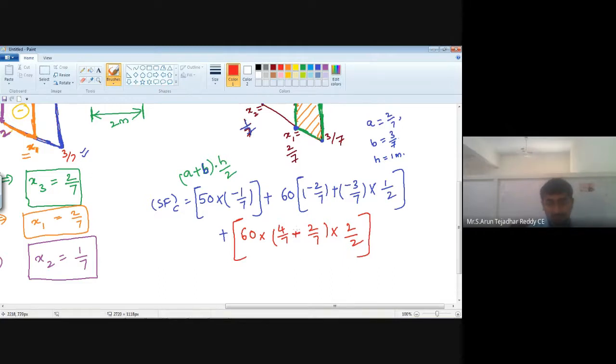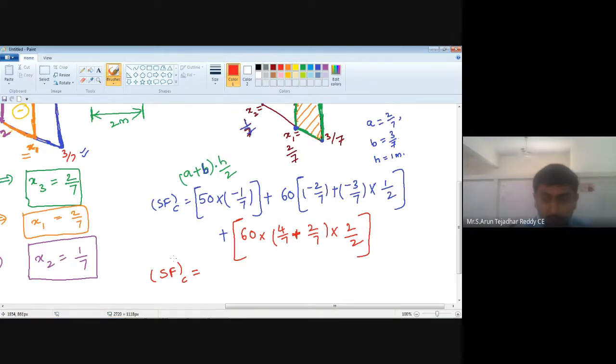See here, it is completely plus. Why? Because it is the upward portion. Our upward portion is positive. Now, can anyone tell me the value of shear force at C? Can anyone tell me the value of shear force at C?